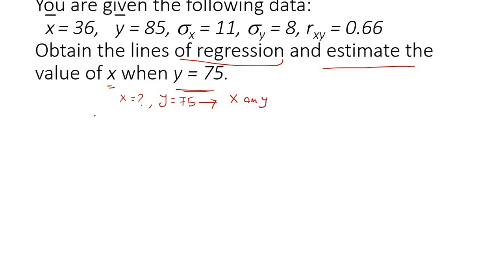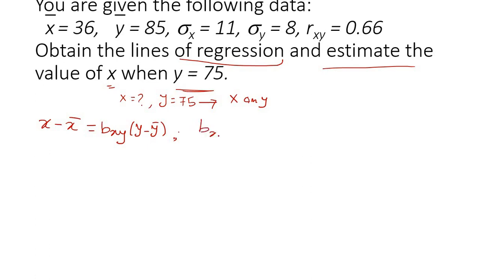Let us first start with the x on y equation, because the correlation is already given. So x minus x bar equal to bxy into y minus y bar. Now we have x bar and y bar, but we don't have bxy. So let us first find bxy.